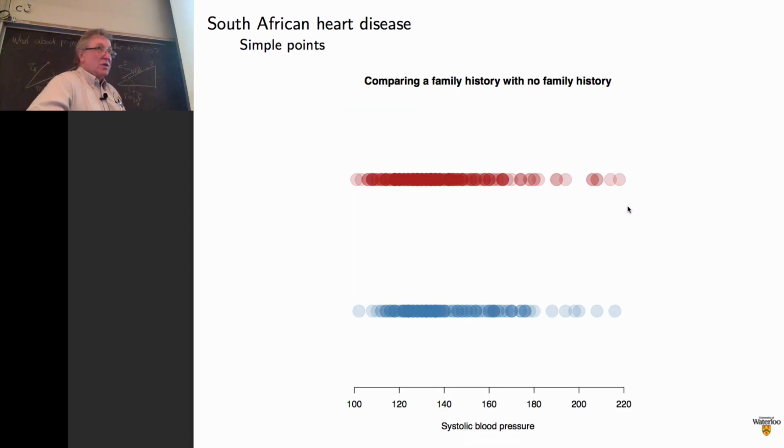And if those were all solids, I wouldn't be able to tell that there are more here than here. So that's the reason for using this alpha transparency, because it sums. In fact, it looks like there are two there, right? Because that's a little darker than that one, I think. And so you're adding up. So the overplotting here, by using that transparency, you're still getting some sense of how many there are.